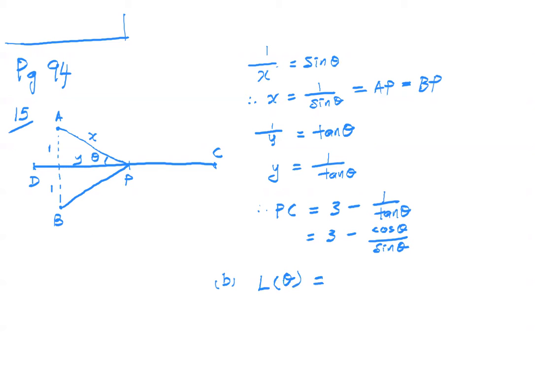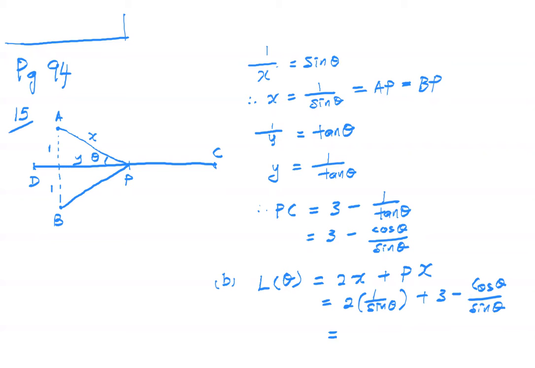So it will be, you add up all this. 2 times of x plus PC. Okay, so this will be 2 times of 1 over sin theta plus 3 minus cos theta over sin theta. Am I right?